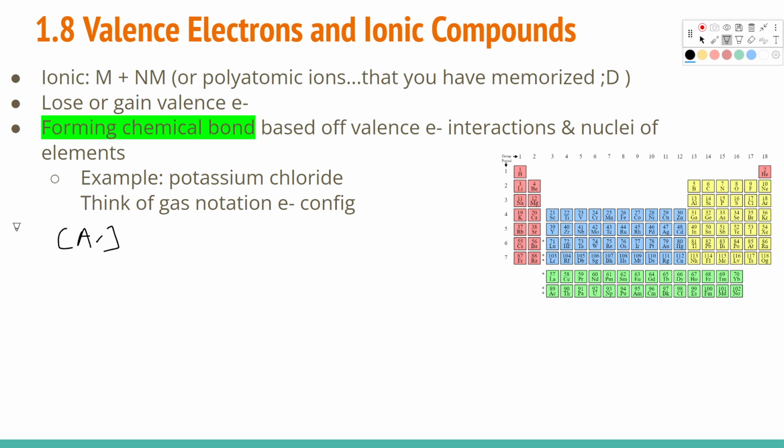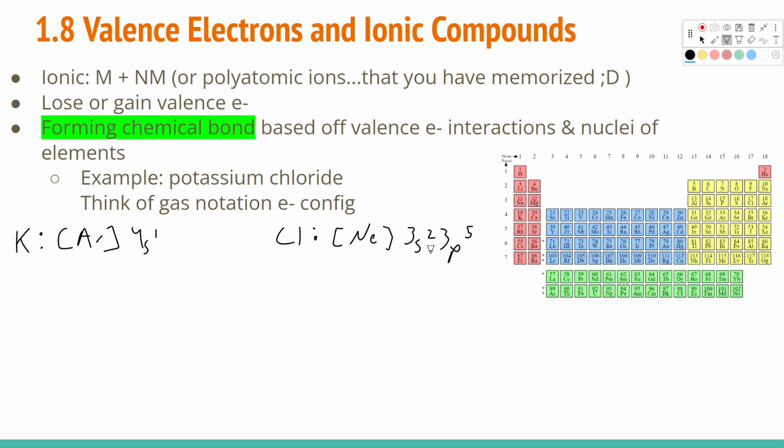Actually, let me write it down. K: argon, and then 1, 2, 3, 4, so 4s1. And then chlorine, not ion yet, just chlorine. Let's see, we've got neon, and then it'll be 3s2, and then 3p, 1, 2, 3, 4, 5.